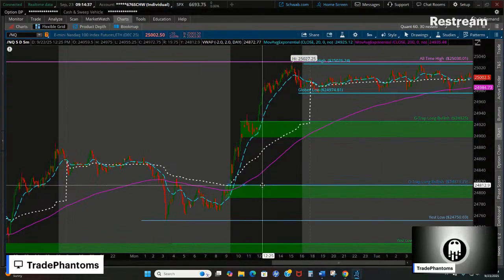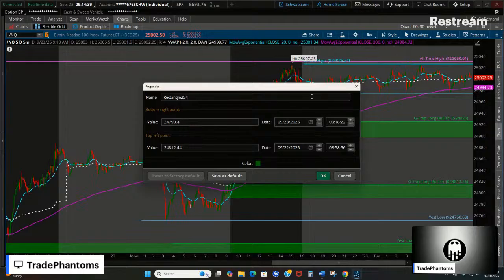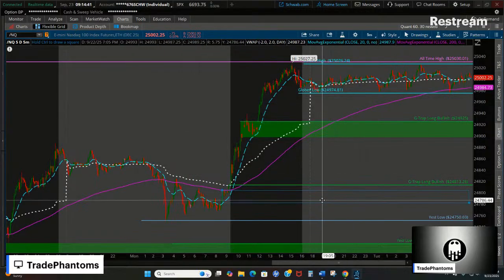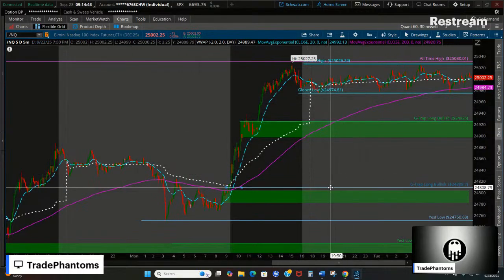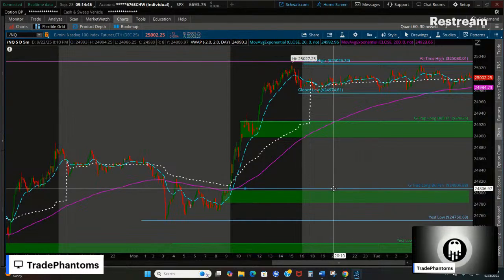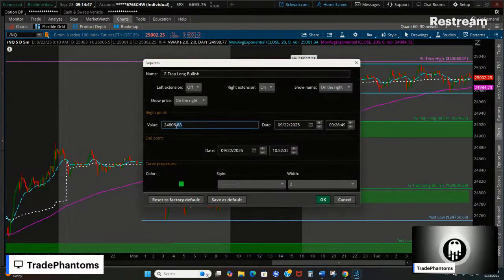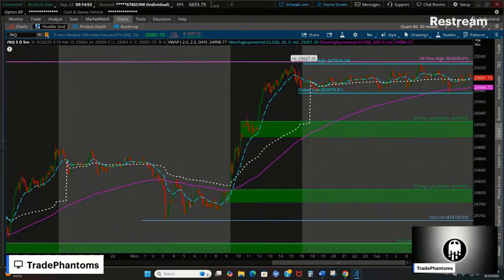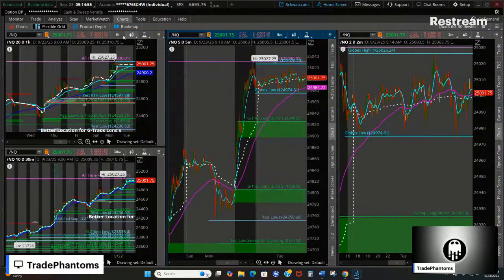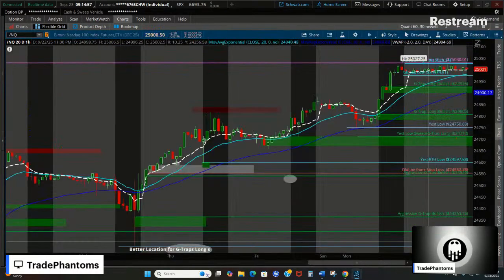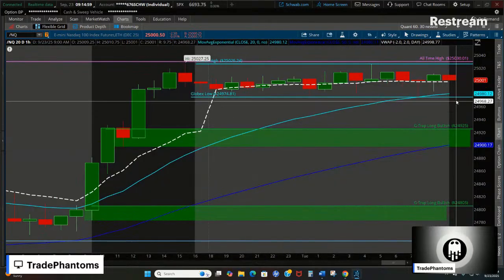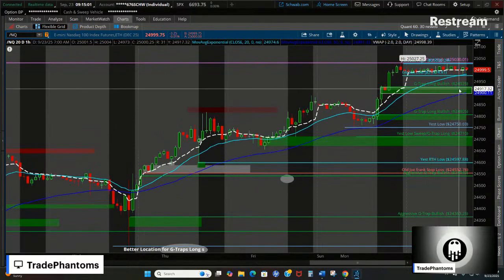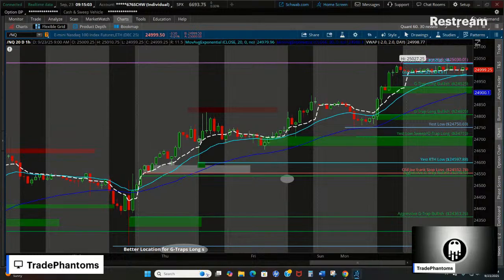So we can put some respect on this zone here. So 24,805, that is. Pretty simply put, there's a couple levels of demand below current price.